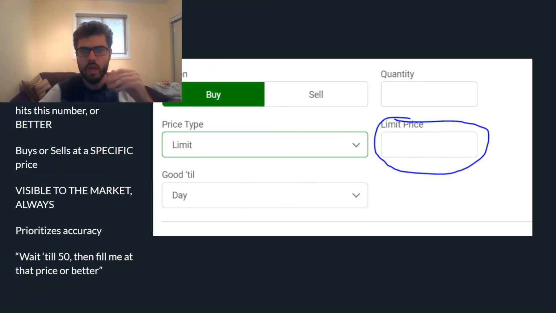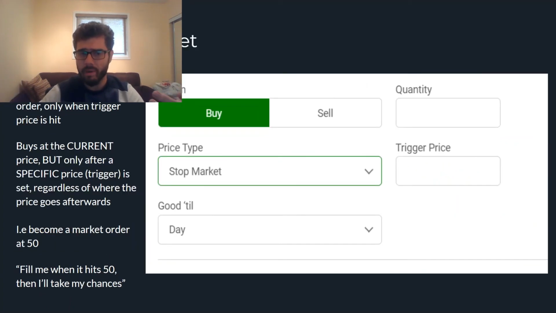Okay, so why would you ever put a stop market if you're going to be filled at whatever price or better? The answer is risk, right? So maybe this doesn't work for a blue chip stock. A blue chip stock is a very high capitalized stock. But let's say you guys are dealing with lower volume, lower price securities under $3. This is where risk comes into place, and this is where most of these strategies come into place, that you want to take your chances that even if it does go up, you're going to be filling yourself at whatever price is available.